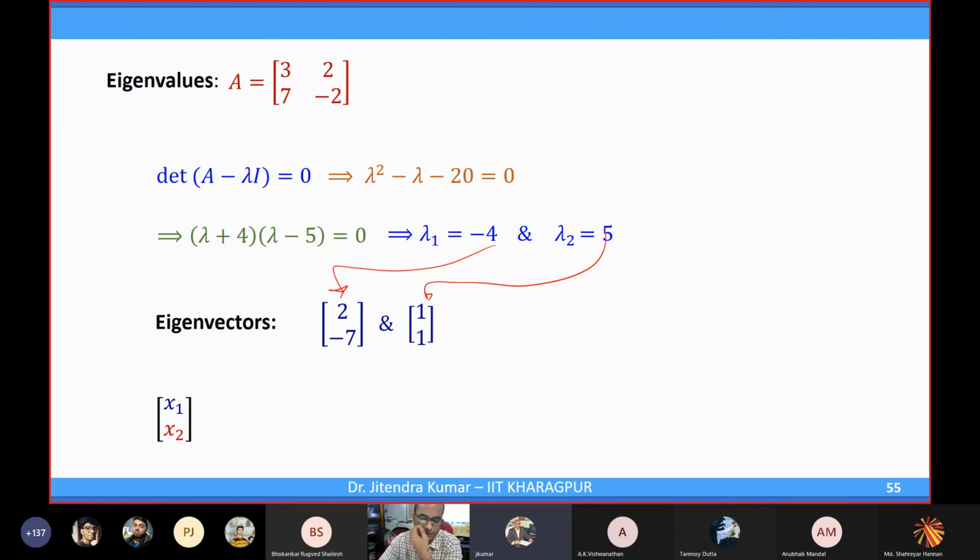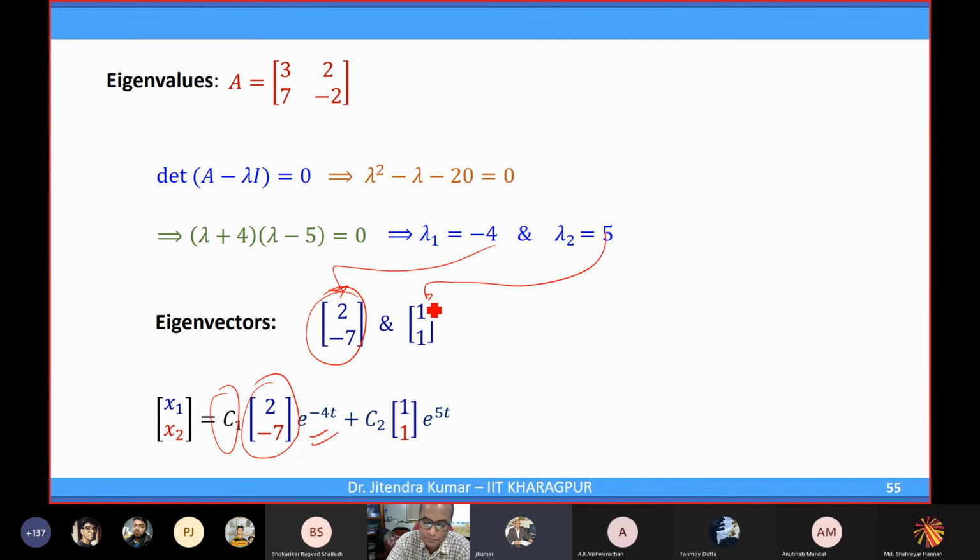Then the solution, since we have already discussed the theory, will be c1 times the first eigenvector, (2, -7), times e power -4t, plus c2 times the second eigenvector times e power 5t.